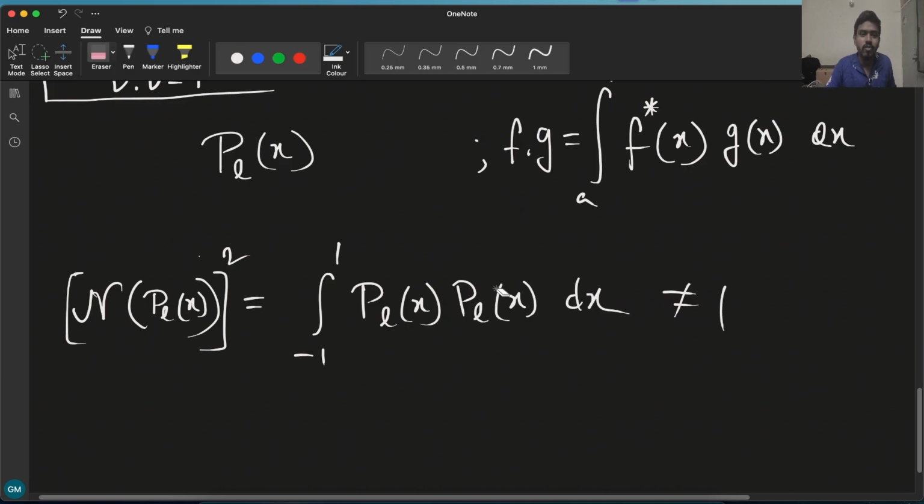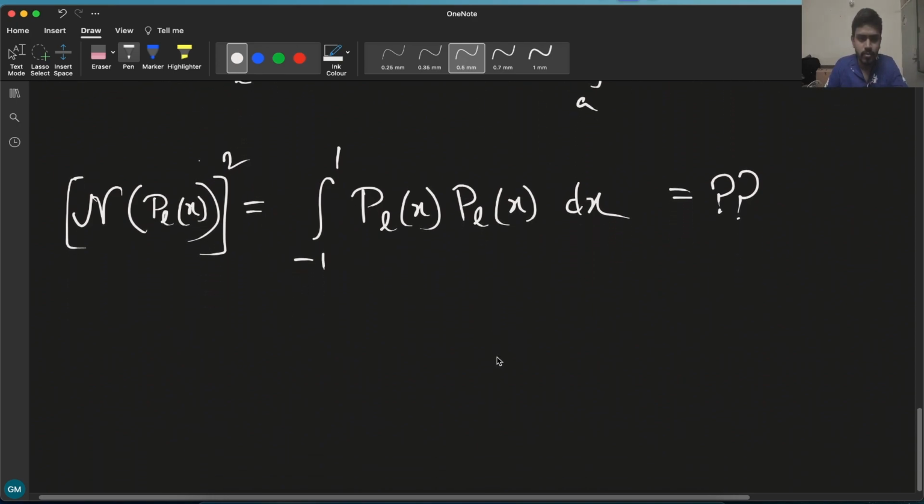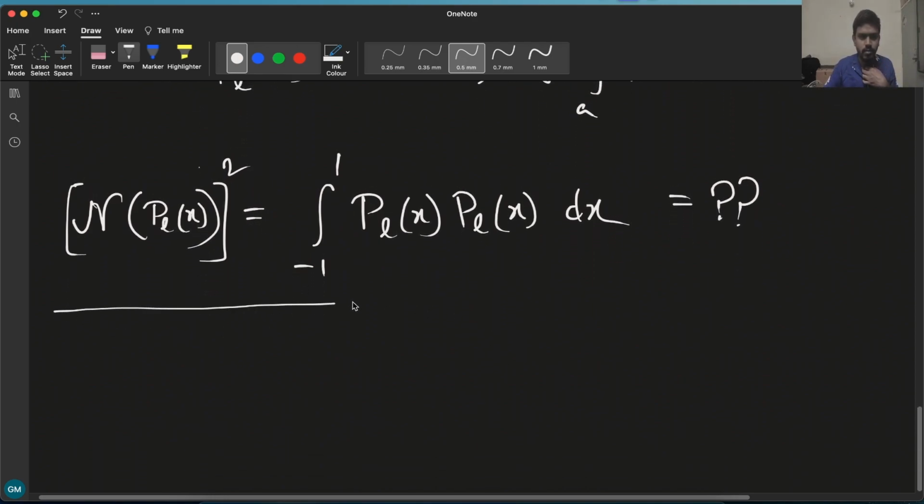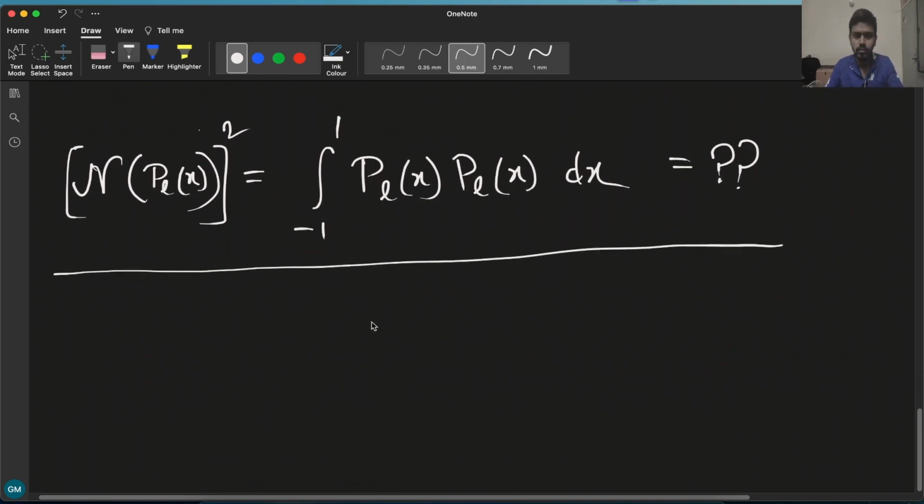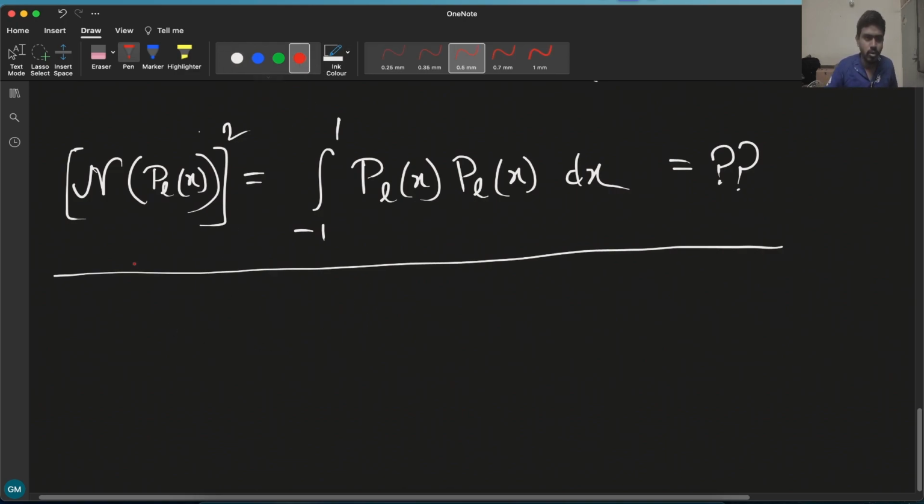So let's find out what's the value of it then. If it's not equal to 1, then what is it? So the question we're trying to answer is, are the P_l(x) normalized?